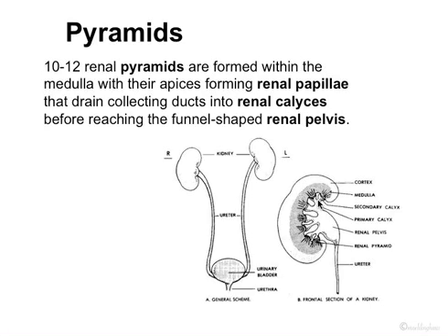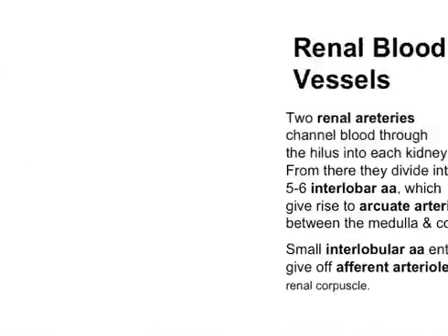We have minor ones and we have major ones. It's just the smaller ones are the minor ones, and they feed into bigger ones, they collect them together, and we finally get into the renal pelvis. And that's the big funnel, so to speak, that feeds into the ureter. And then we get to the bladder, and the ureter is how we leave or void the urine.